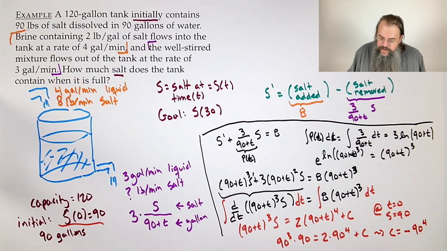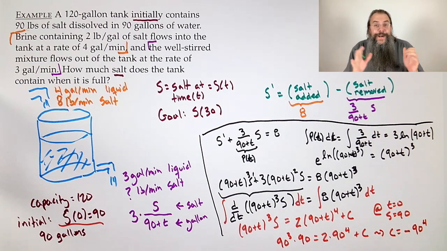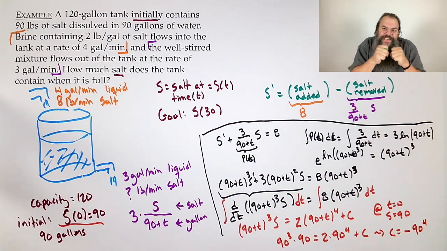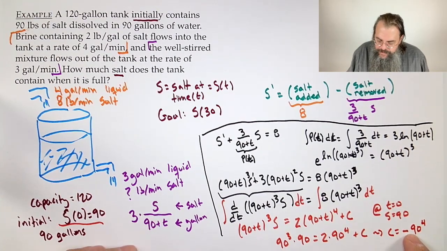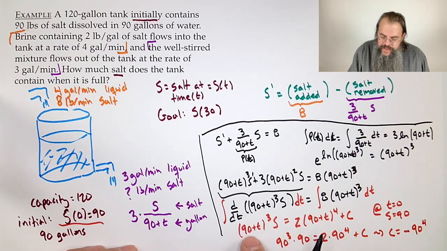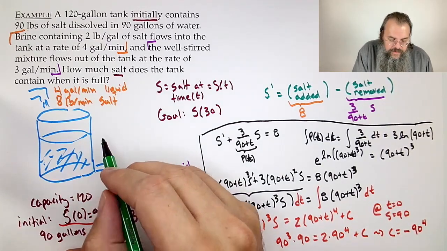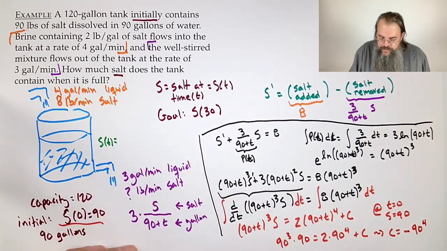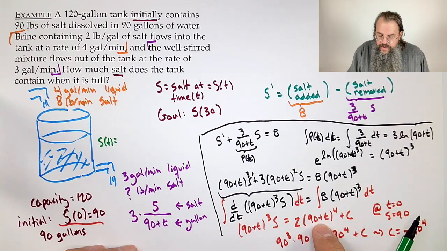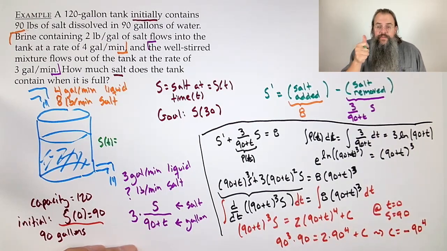So now we know c, and so we can find our function s. So we're running out of space. We're going to cram it in. We'll try to fit everything in here. So I'm going to put in what c is, and then I'm going to divide by this 90 plus t cubed. So we can say, look, our function s of t is equal to, now here when we divide by 90 plus t cubed, what you'll see is almost all of them canceling out with a single 90 plus t.